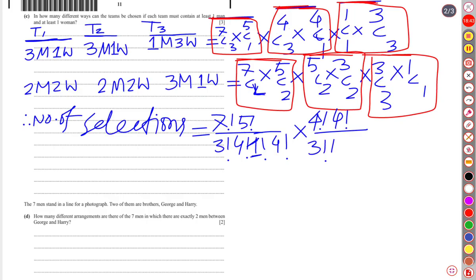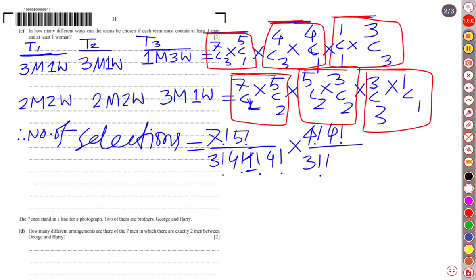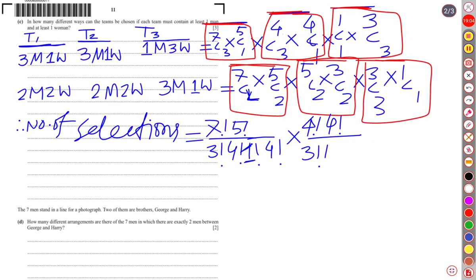Here we skipped one important concept. Look at this. The first team can be in the third case, the third team can be in the second case, and the second team can be in the first place. That means in 3 different ways they can be chosen, so we will have to multiply by 3.